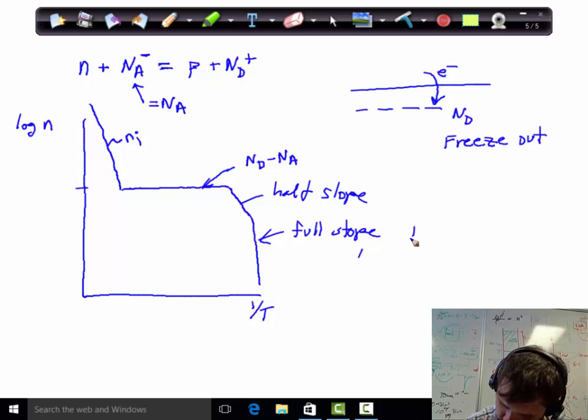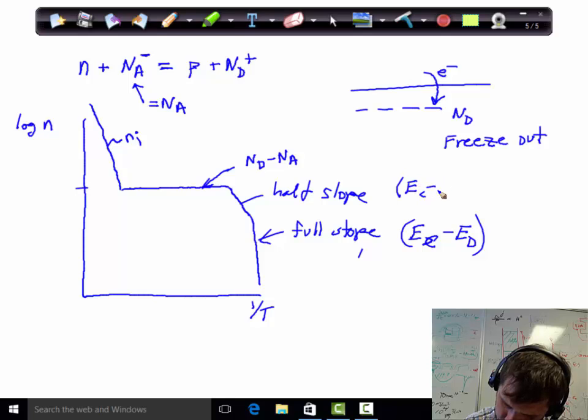So the full slope region gives you the ionization energy of the donor. So it gives you EC minus ED, and the half slope region gives you EC minus ED divided by 2.